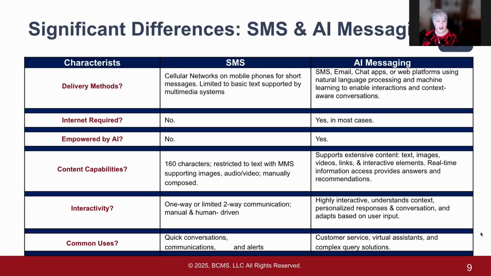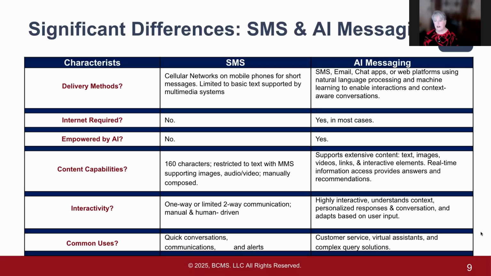And all the places you've been. So obviously it has that capability, but not in its basic form. AI messaging, of course, is robust, and it has not only all of these content capabilities, but it's real-time information and a lot of Q&A and recommendations, that type of thing.